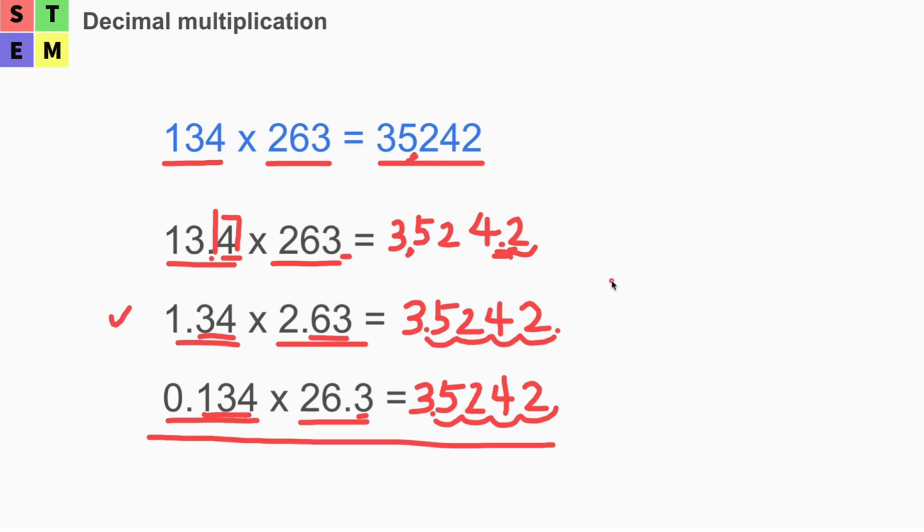If I really want to calculate this, it will be 134 over 100 times 263 over 100, right?